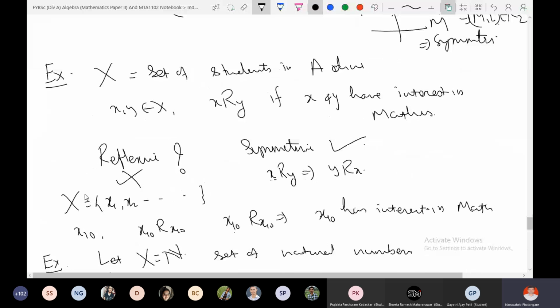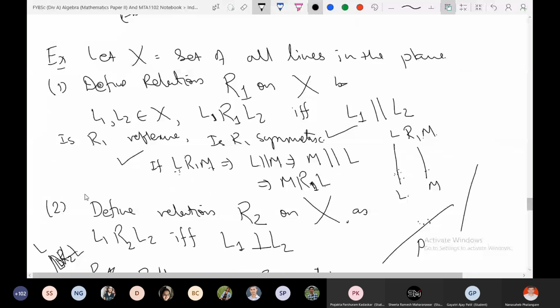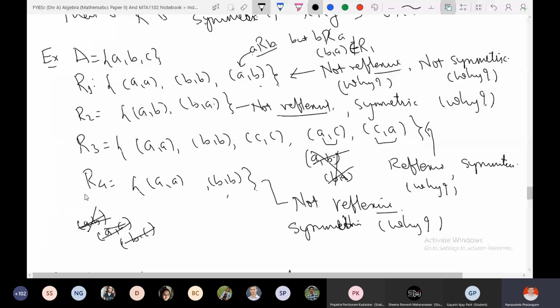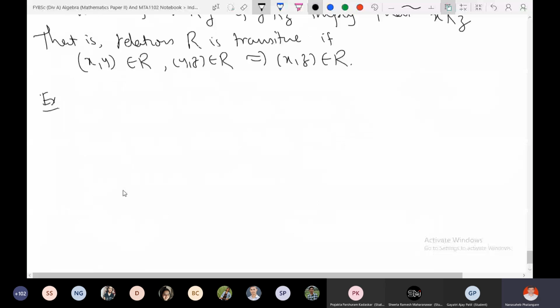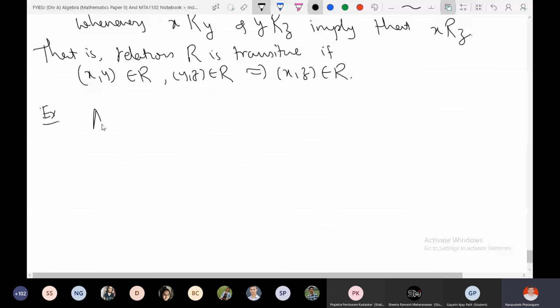Okay, we can use previous examples, previous problem, or let me write it down again so there will not be confusion. So A is equal to {A, B, C}.